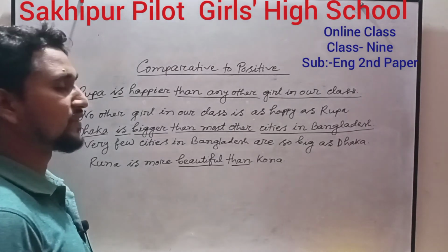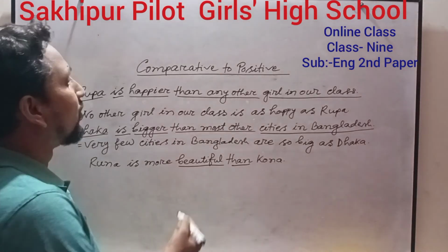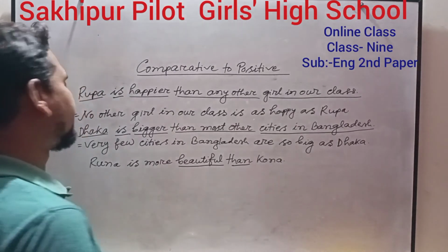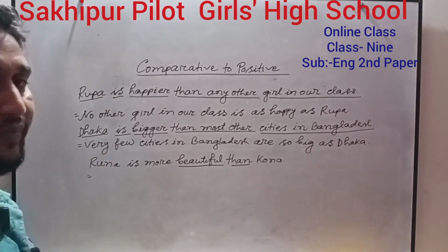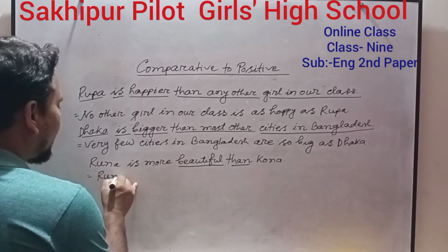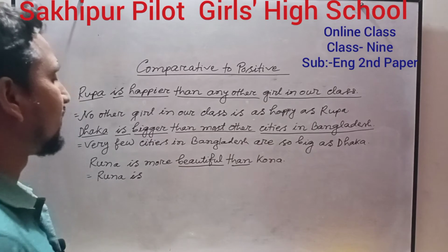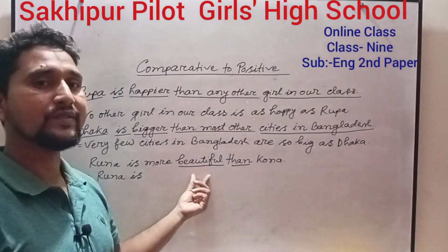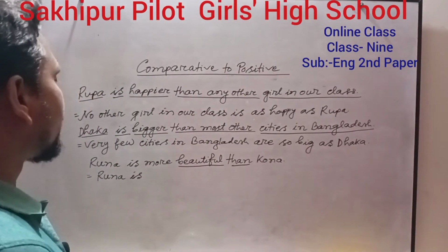Here beautiful is trisyllable. If you want to change this sentence into positive, the subject will not be changed. You have to write Runa, then you have to write the verb is.